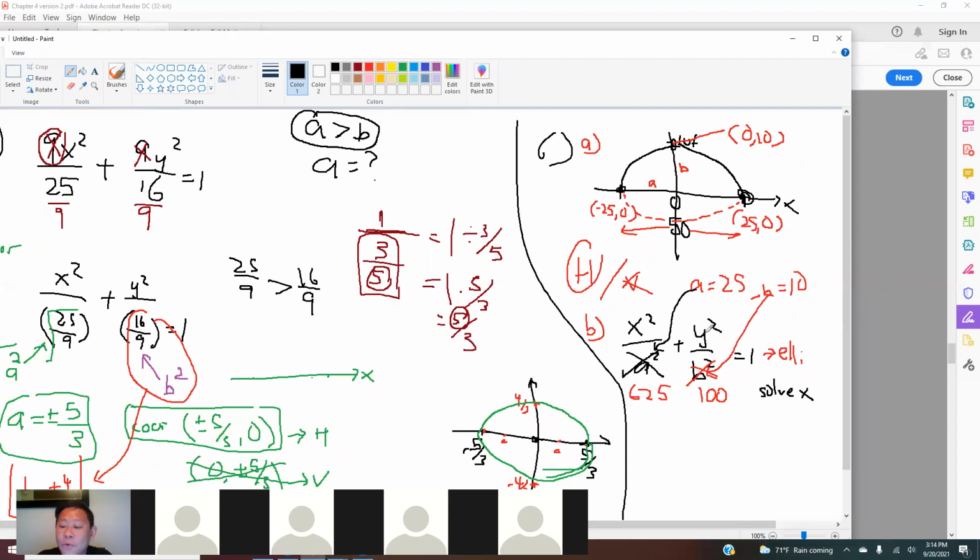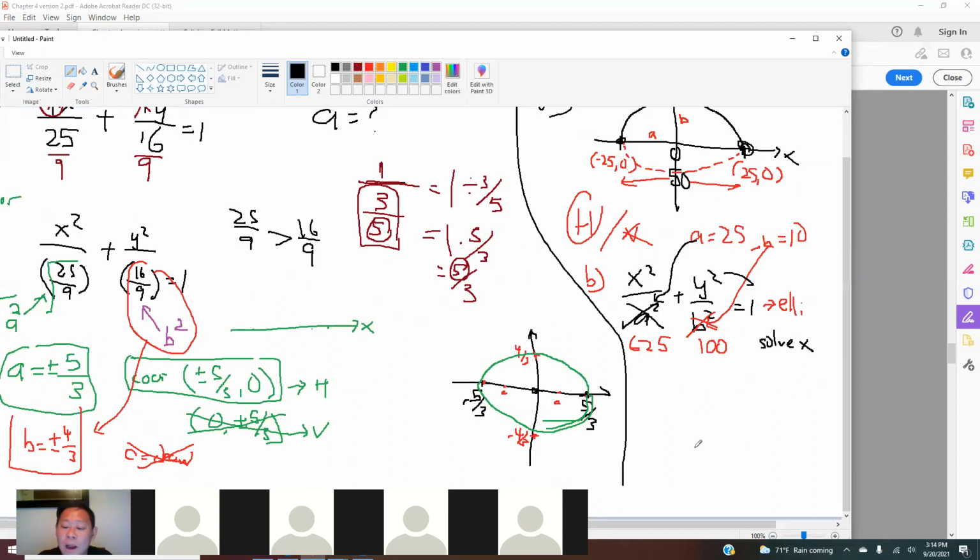First thing first, I move this to that side, so I get x squared over 625 equals 1 minus y squared over 100. Then I multiply 625 to this side to get rid of the fraction. I need to get rid of the x, so I take the square root.